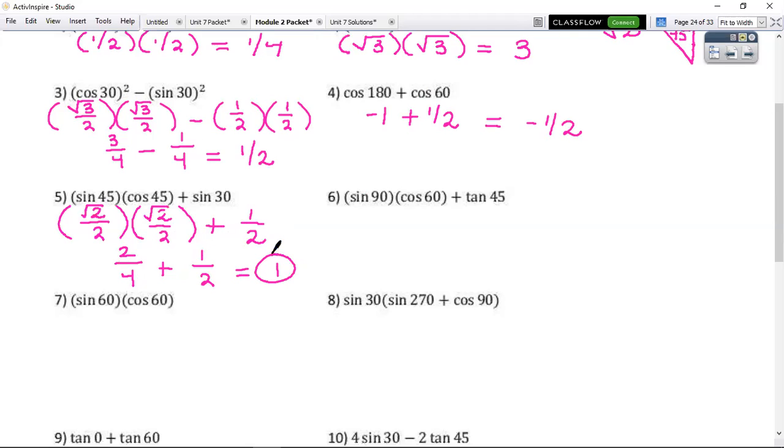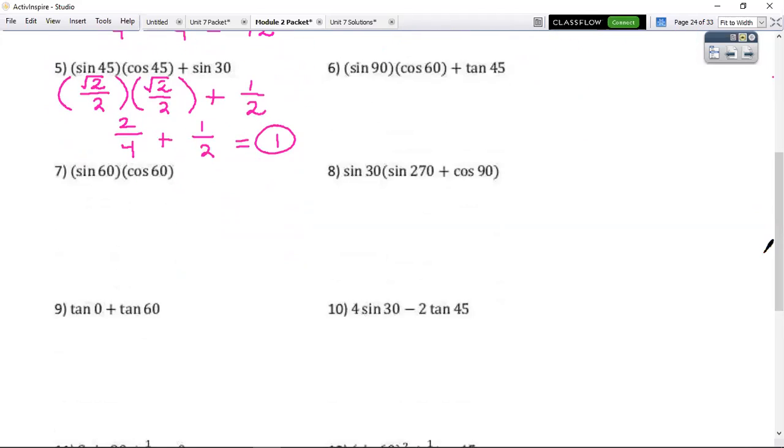All right, so that one worked out kind of nice. So that's good. How am I going to find the sine of 90 degrees? Calculator, yep. Sine of 90 degrees on the calculator is equivalent to 1. And then cosine of 60 is 1/2. Tangent of 45 degrees is equal to 1.